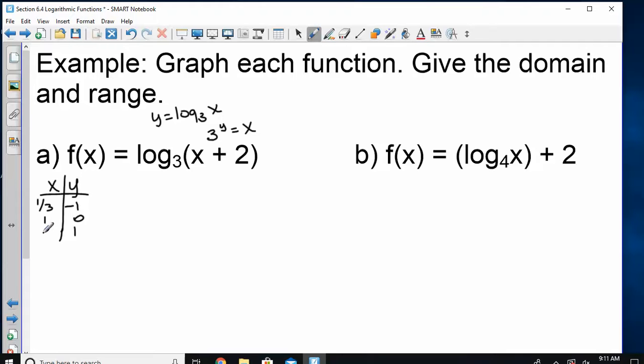And 3 to the first is 3. So this is my parent function.